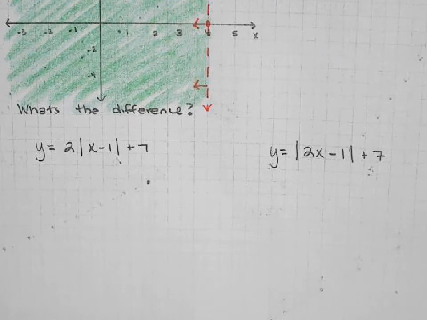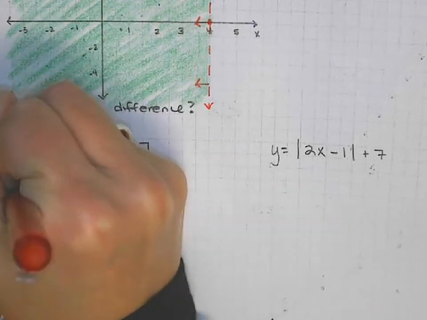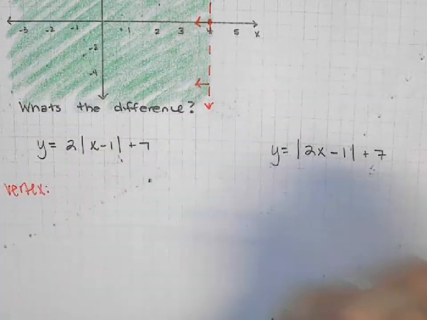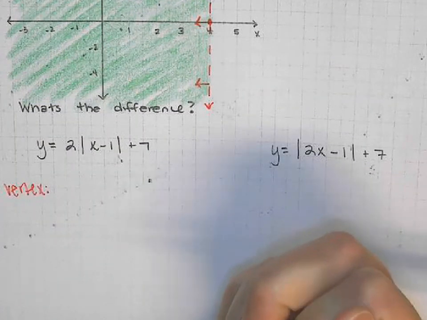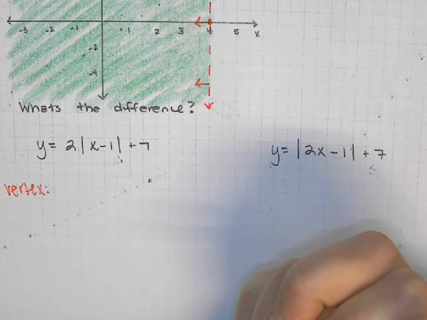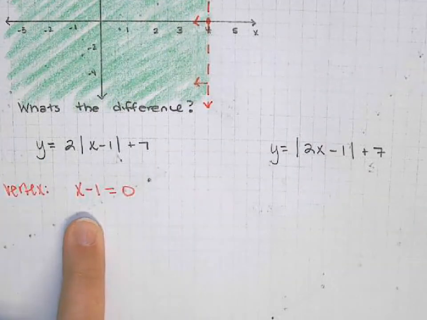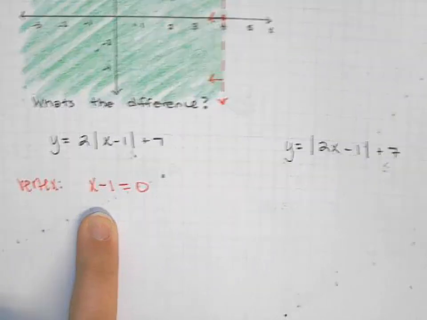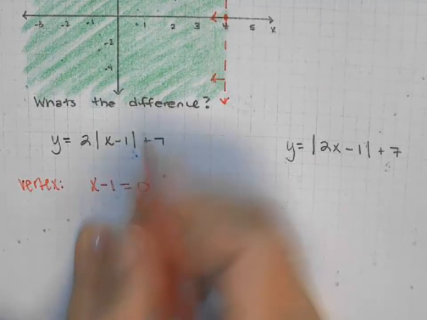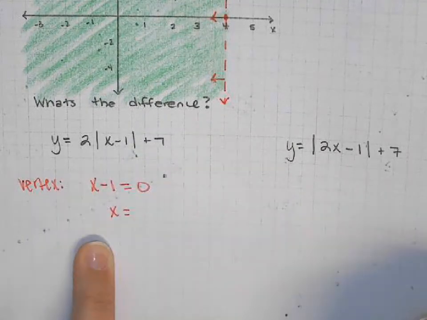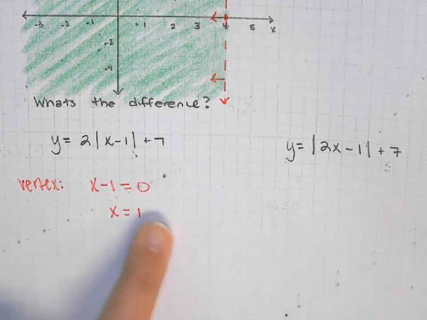But how do you find the vertex of an absolute value function? What do we do to find the vertex? Set the absolute value to 0. Yes, so x minus 1 equals 0. What is the x value then going to be for your vertex here? X is 1, right? Add 1 on both sides.